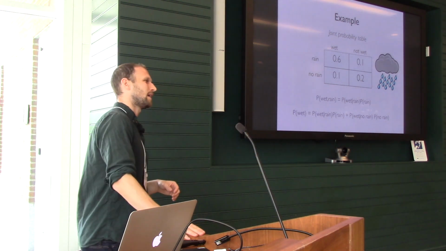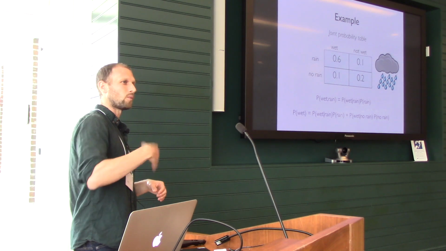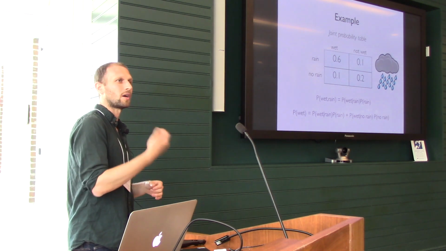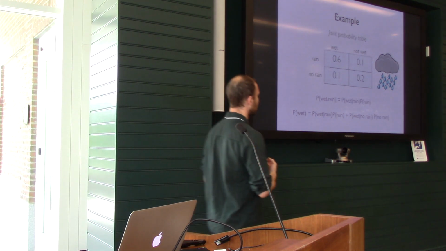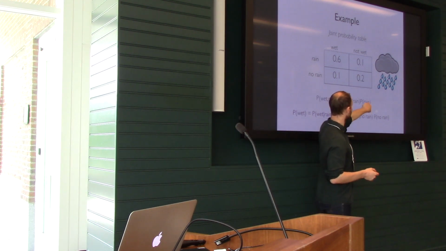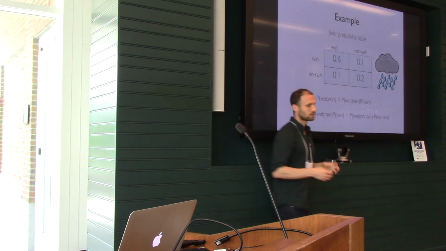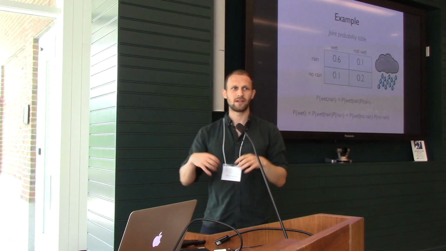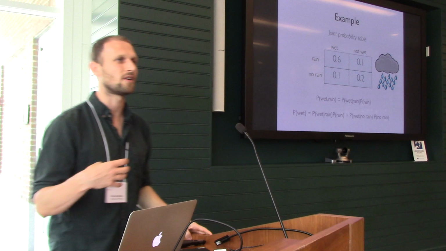A possibility is that I will get wet because it rained, and I need to then know what the probability of rain is, right? So I need to take the probability of rain and then the probability of getting wet because it was raining. So the factorization yields a kind of representation of the underlying causal process.